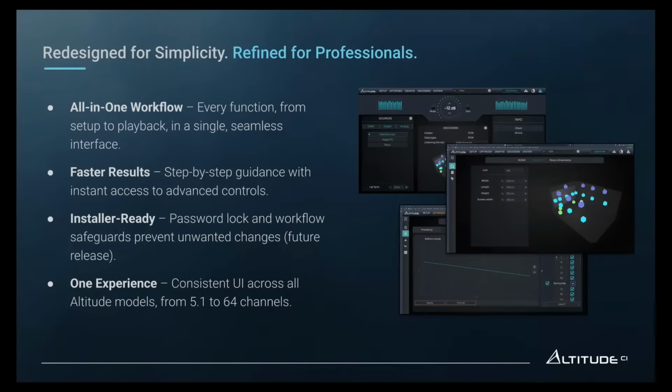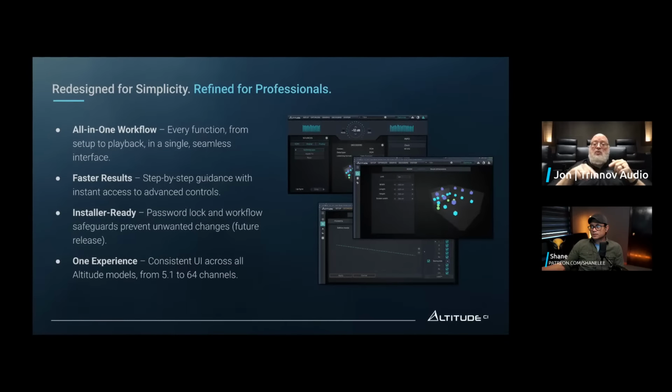So one word of caution, however. By the way, the same user interface will be available to current Altitude owners early next year sometime, as another free software update. But one word of caution, unlike every other software update I can remember in the 10 years or so that I've been with Trinnov, this one will require starting all over again in terms of setup.